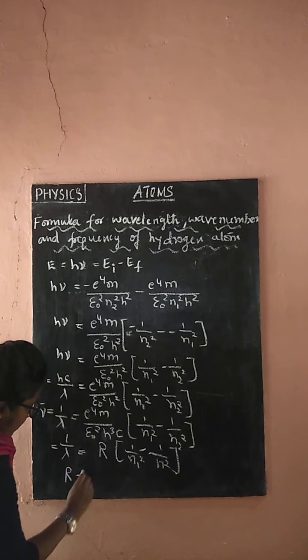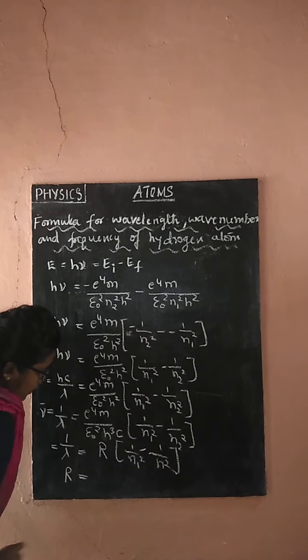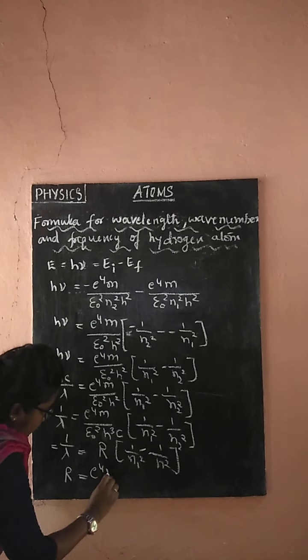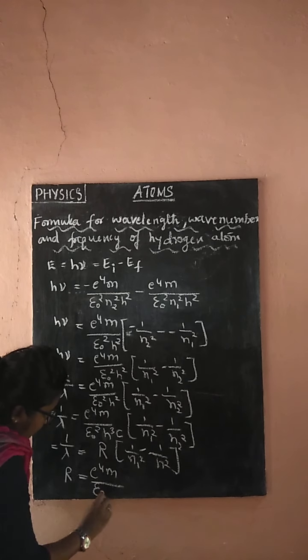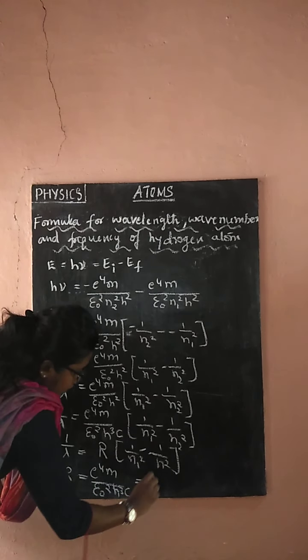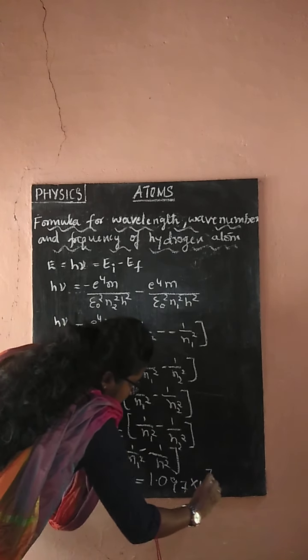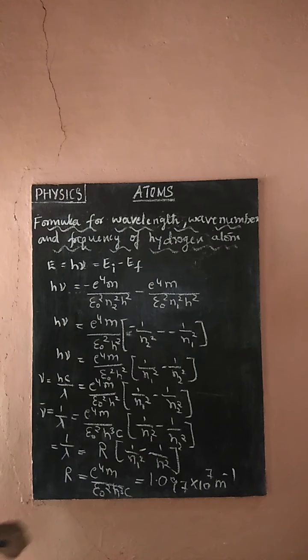Here R is the Rydberg constant, e to the power 4 m by epsilon naught square h cube c. It is having the value 1.097 into 10 to the power 7 meter inverse. This is the formula for the wavelength, frequency and the wave number of a hydrogen atom.